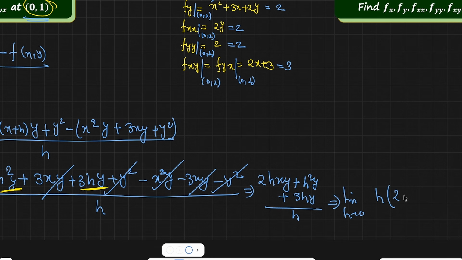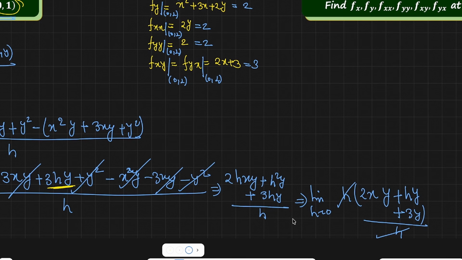This is 2xy plus hy plus 3y, divided by h. So h and h get cancelled, and if I put h as 0, this will be 0. So I can get the value 2xy plus 3y.